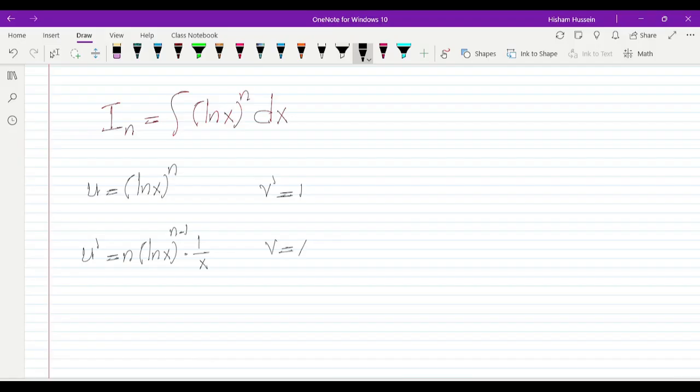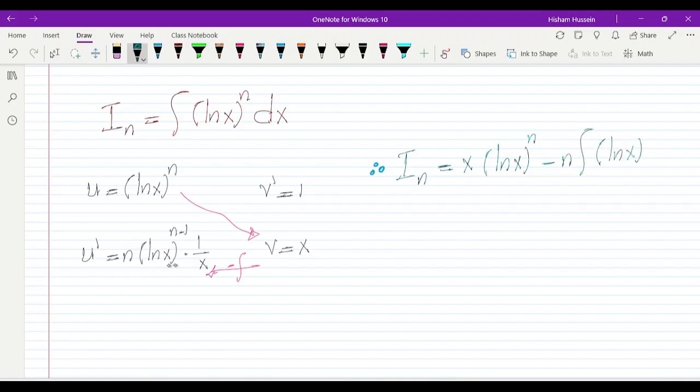v will be x. Apply the integration by parts, u times v minus the integration of u' times v. I_n will be u times v, which is x times (ln x)^n, minus the integral of u' times v. x times 1 over x, it will be 1, minus n constant, integration of (ln x)^(n-1) dx.